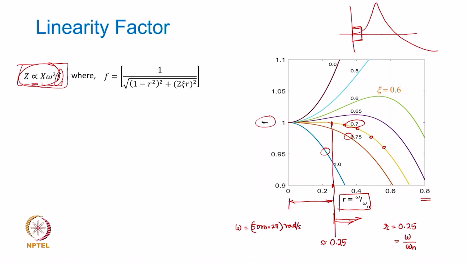Okay. Now, I am going to use cycles per second as the frequency, because omega n is also going to be in terms of hertz, okay, because the units are consistent now. So, this 0.25 which I got from here, I am setting as omega over omega n, which is r, and my frequency of interest is 5000 hertz, then my natural frequency of this sensor should be how much?